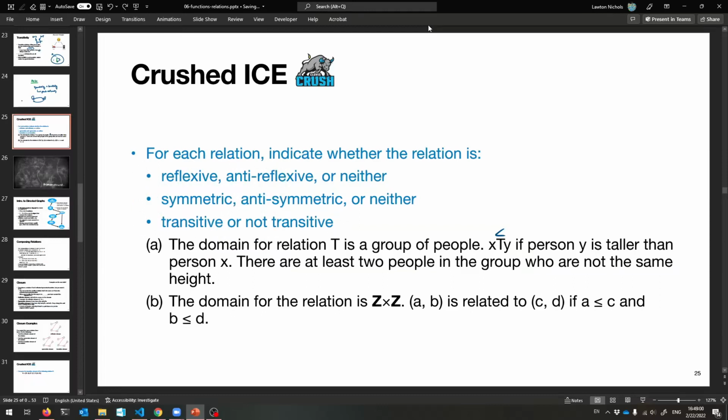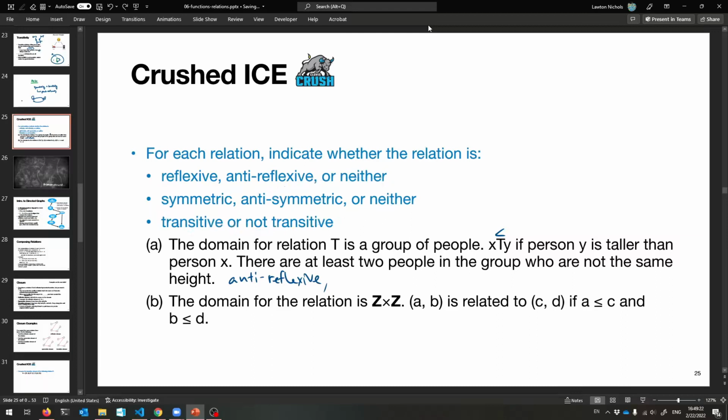So is this a reflexive relation? Is a person taller than themselves? That is never true, right? So this is immediately an anti-reflexive relation. Does that make sense? I hope so. And then, okay, let's go to symmetric. Is it symmetric, anti-symmetric, or neither?